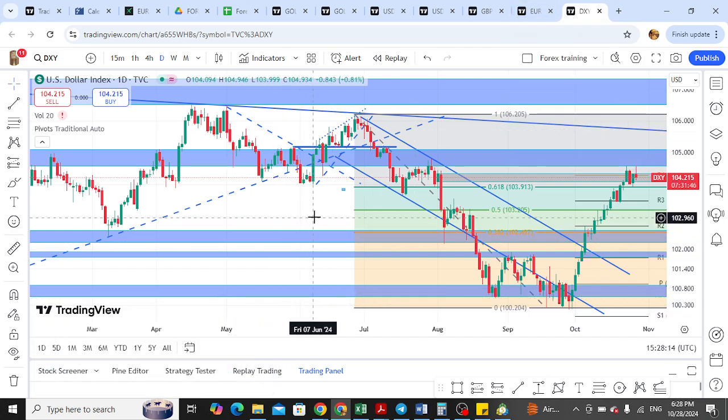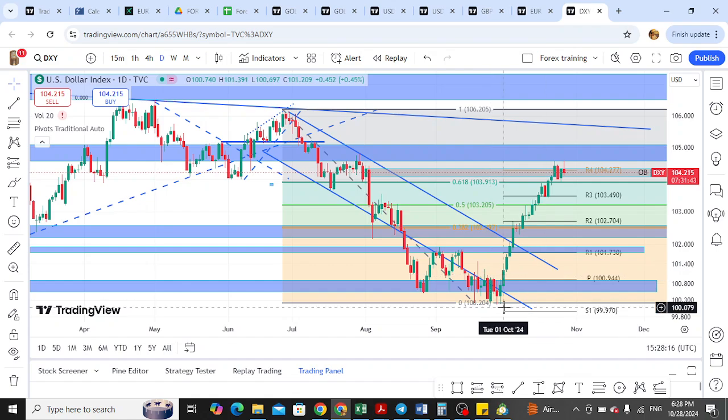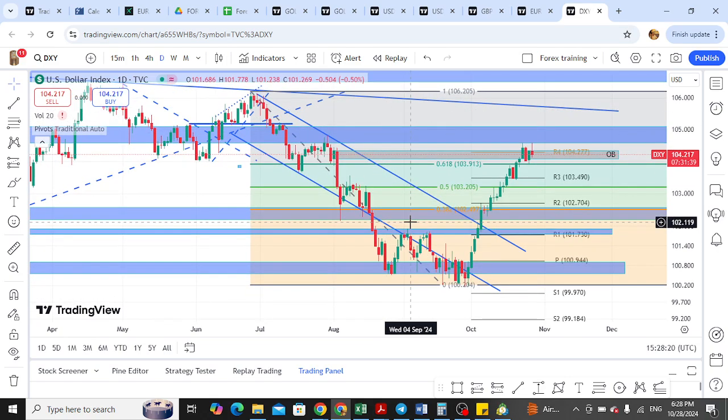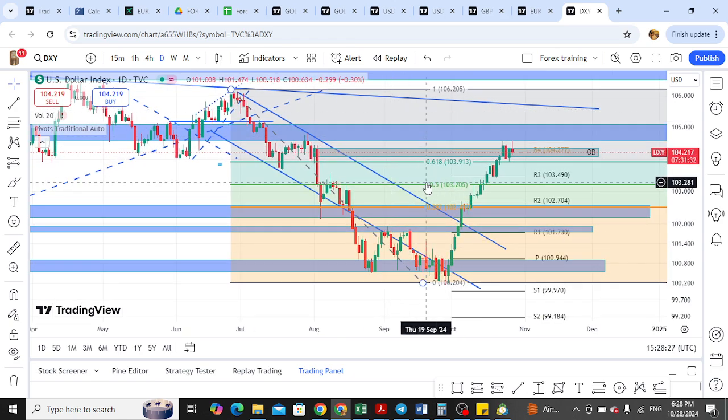Just to give you a view here, I haven't drawn a trend line here because the line is very steep, and this is not a very healthy line actually. I can't even call this a correction.